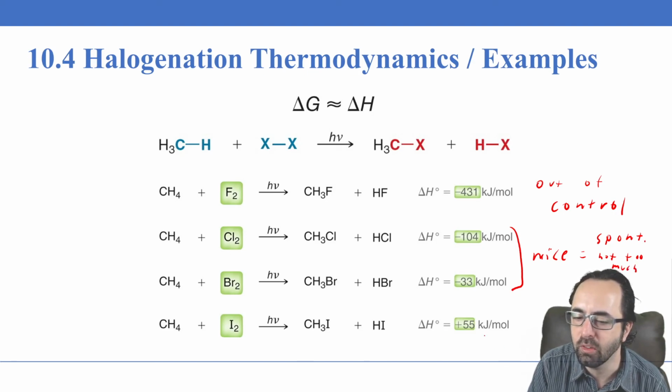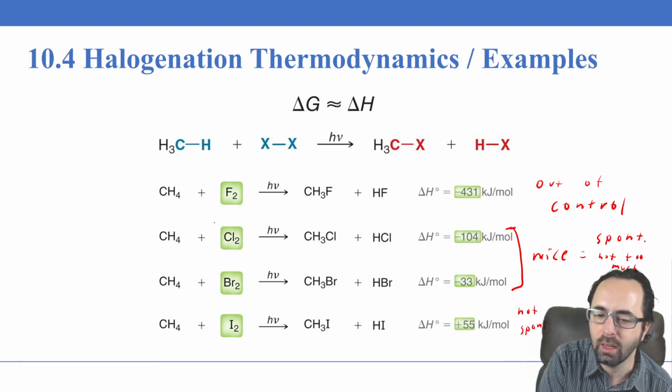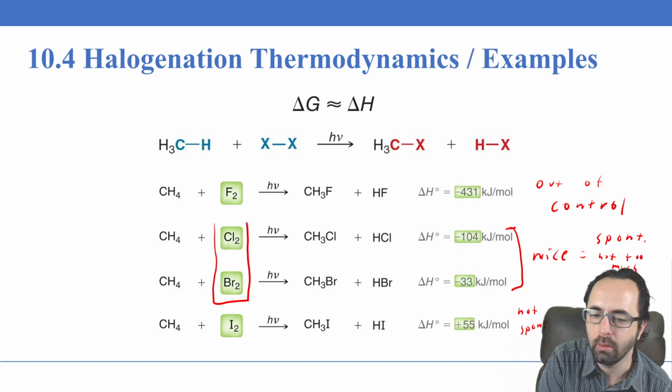And then when it comes to the iodine, this one's not spontaneous. So this kind of mechanism is going to work best with chlorine and bromine, this halogenation.